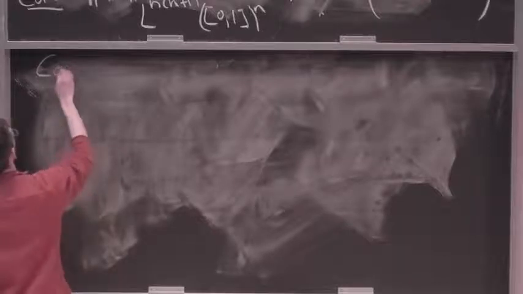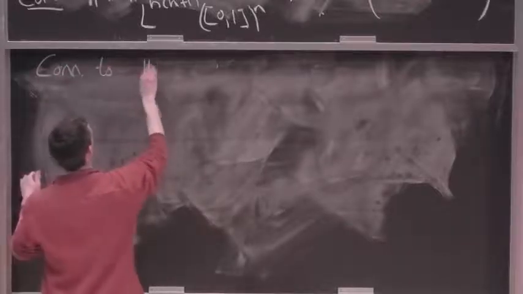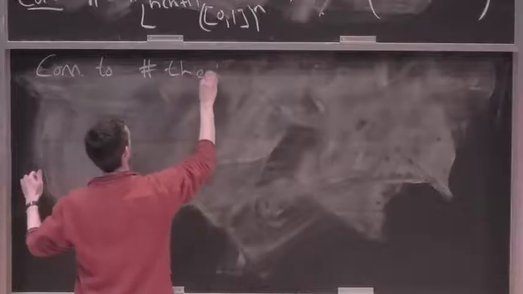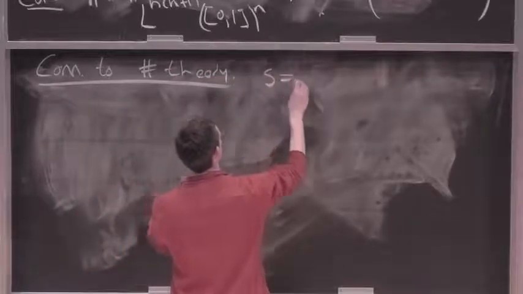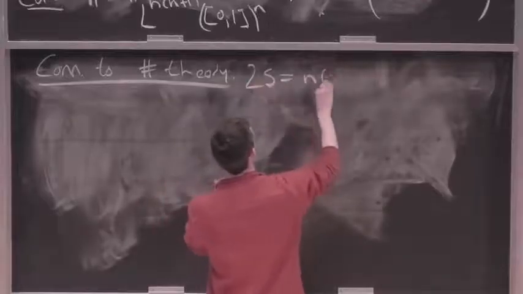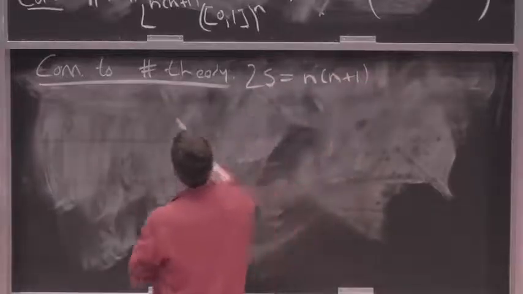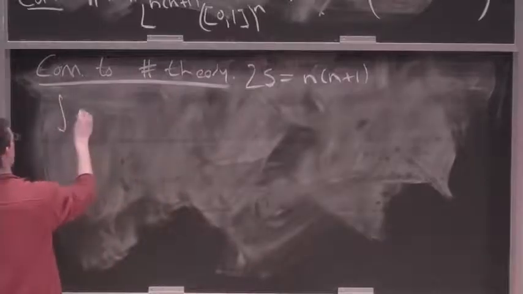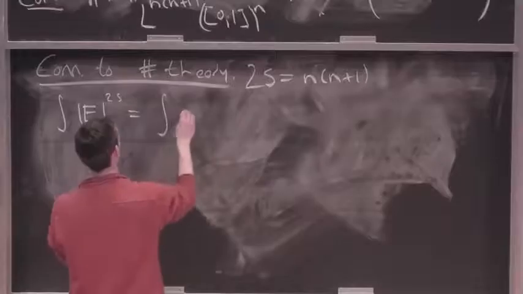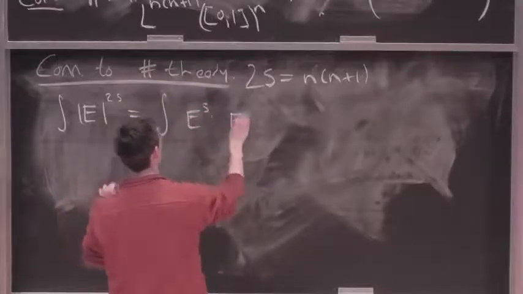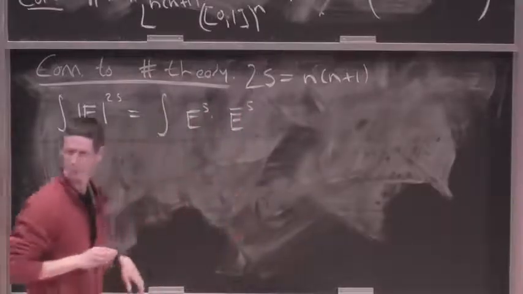So, connection to number theory. That's right, that 2s is this n times n plus 1. And the thing that we know how to estimate is the integral of the norm of e to the 2s, which is the integral of e to the s times e bar to the s.